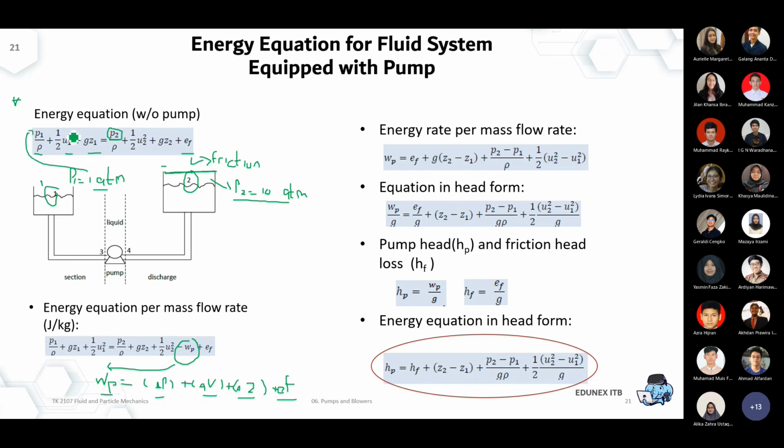Now how about the velocities U1 and U2, or V1 and V2? That can be disregarded. U1 will be exactly the same as U2, only at the same pipe diameter.